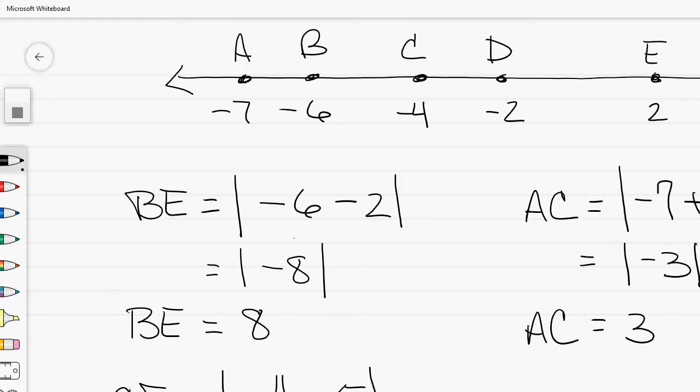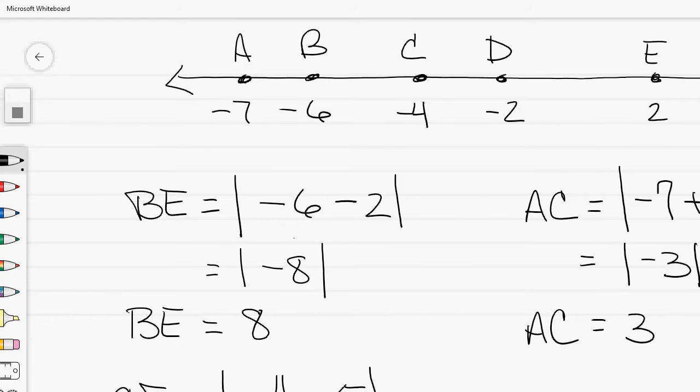Now, some of you are good at being able to tell how far it is from one point to another point when the numbers are whole. When it gets confusing and when you need to use this formula is when the numbers or the points correspond to decimals. Okay? And then it's not so easy to do it in your head.